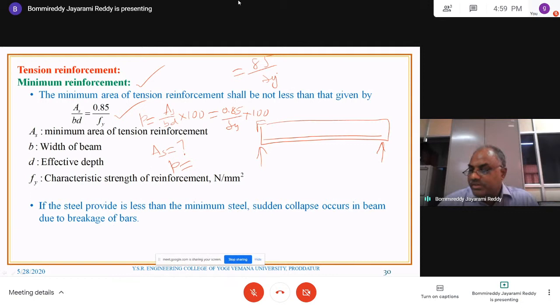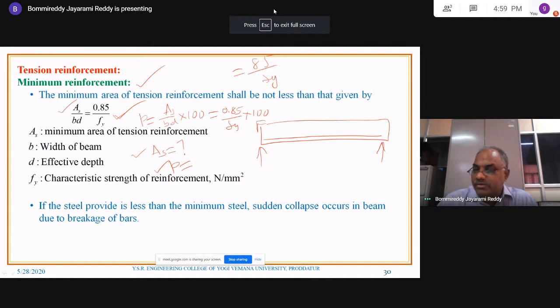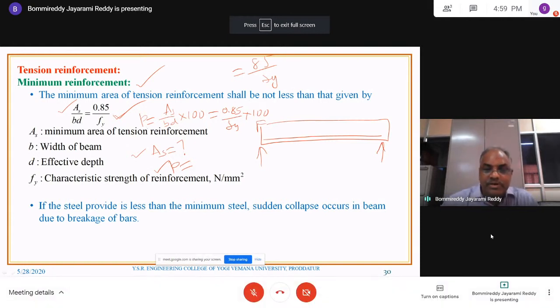So if the question in the examination asks for the percentage, it is 85 by fy. If it is 250, put 250, or 415 or 500 or any grade. According to the requirement of the question, it may ask for the minimum area of steel or the percentage of steel reinforcement, so you need to remember this particular formula.